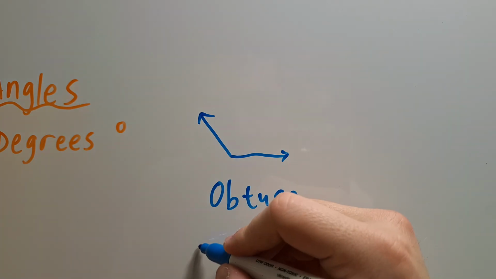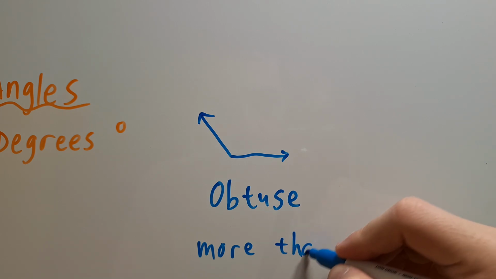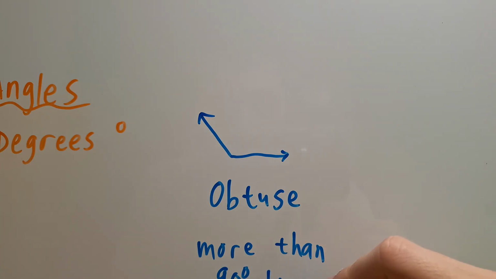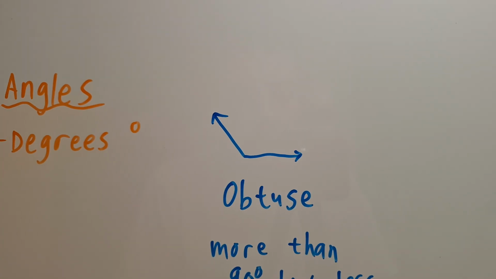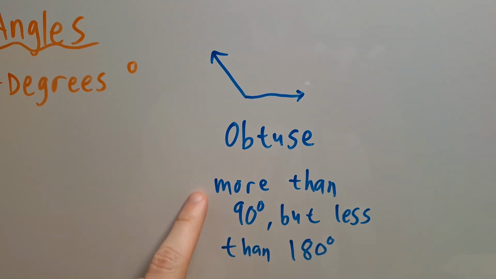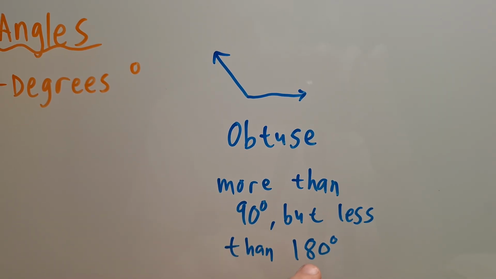And these measure more than 90 degrees, but less than 180 degrees. Let me show you that here. So again, an obtuse angle measures more than 90 degrees, but measures less than 180.